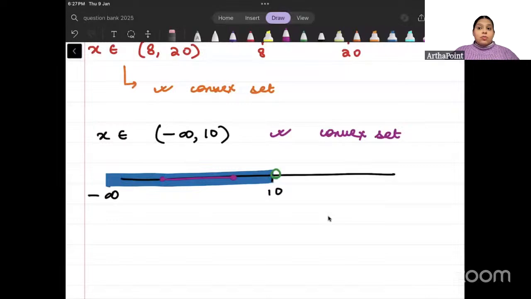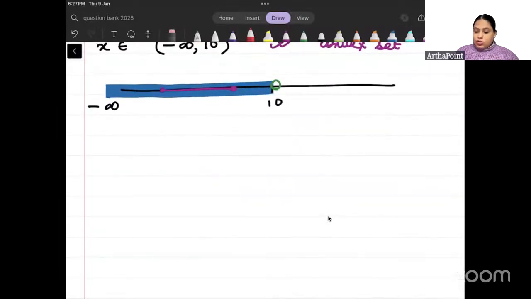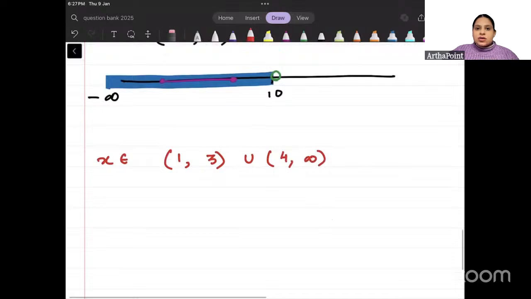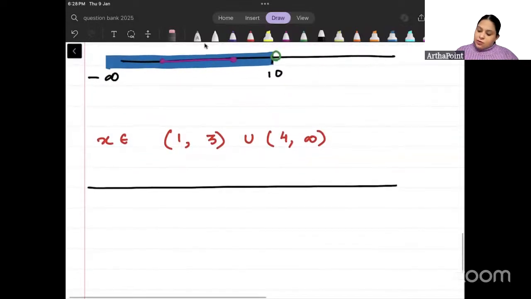Now, where does the problem really start? For example, if I tell you that x belongs to, say, 1 to 3 union 4 to infinity, something like this. Now if I join two points by a line segment, what will I notice?